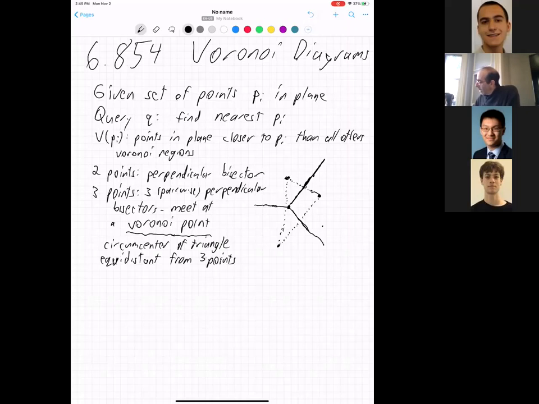So let's see what happens when I add another point. Okay, I'll make some more perpendicular bisectors. And again, I'll have intersections. And you notice that adding a point actually sort of subtracted part of the previous Voronoi diagram, right?